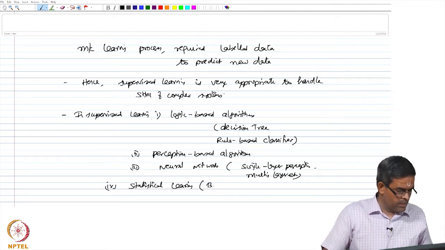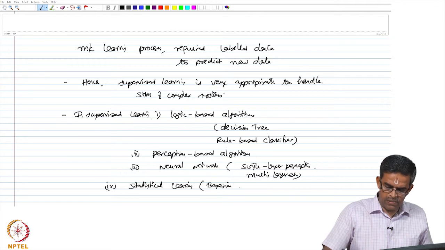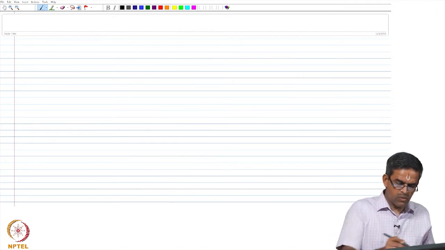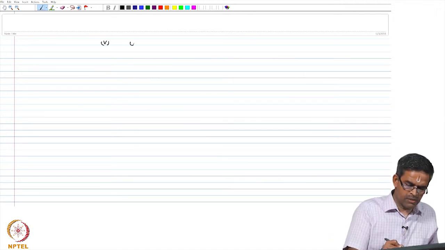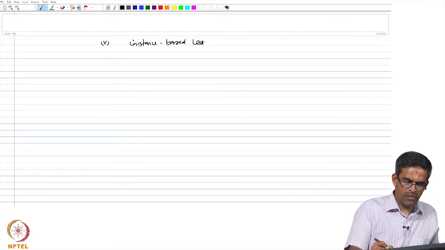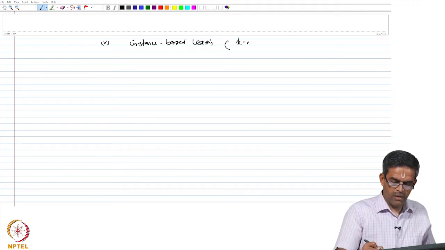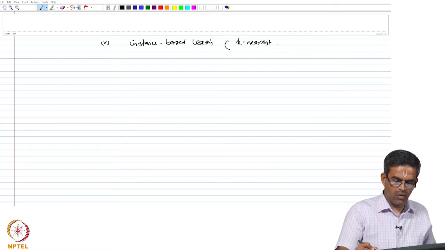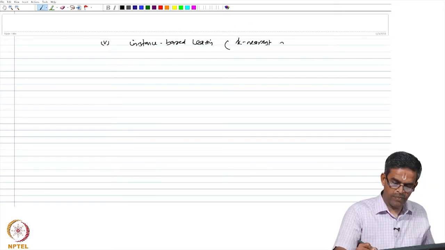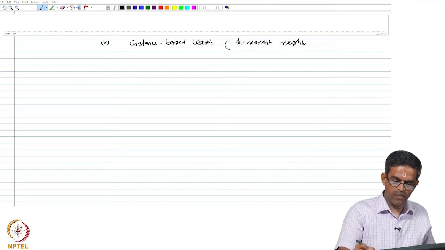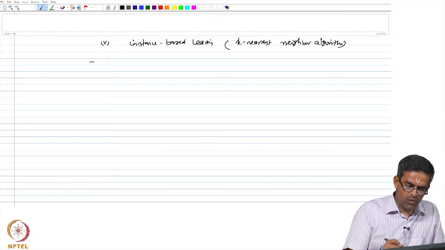For example, Bayesian networks, etc. The next one could be instance based learning, which can be k nearest neighbor algorithm. Which can be very useful in applications to structural health monitoring.